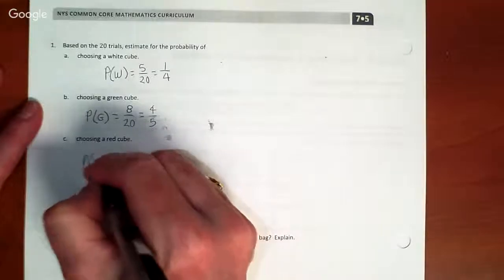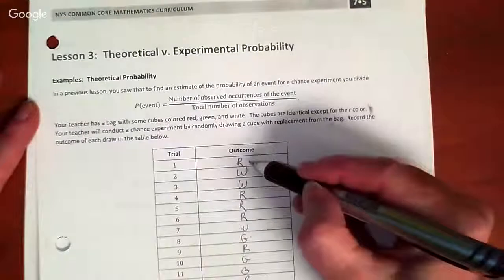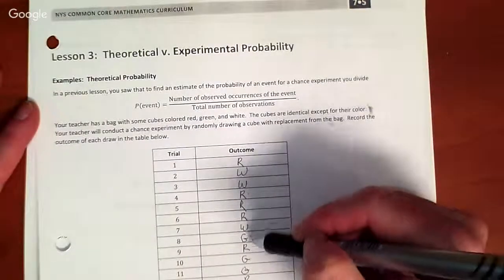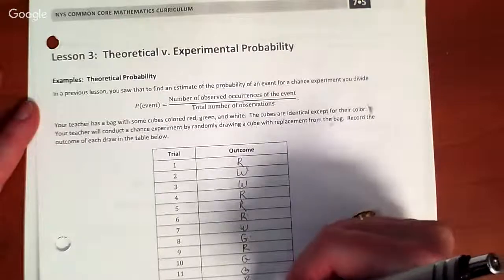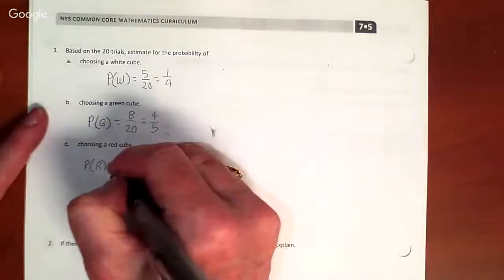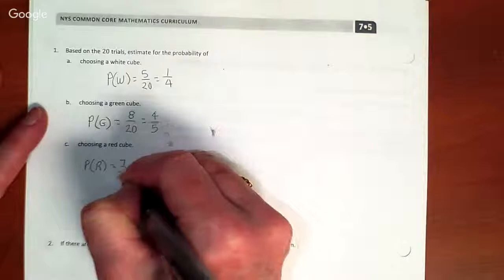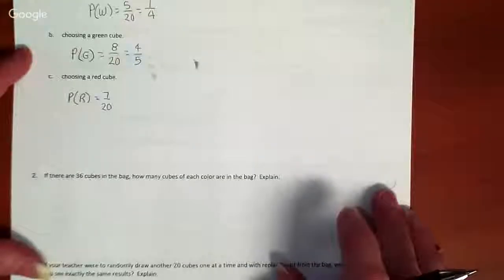And the probability of red is 1, 2, 3, 4, 5, 6, 7, which is 7 out of 20. And that is my experimental probability.